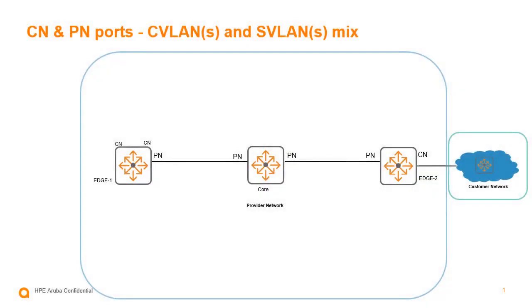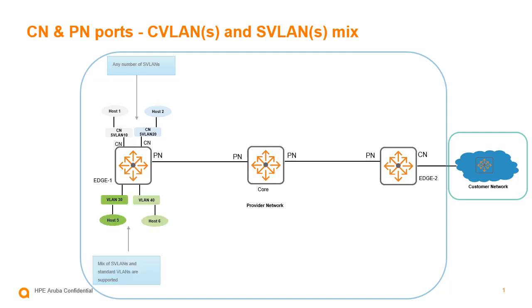So let's take a look at the CN and PN port mix. A number of SVLANs can be configured directly to hosts or to uplink customer switches, any number of those, and any number of SVLANs can be configured, all subject to the VLAN availability, of course, on that particular switch. And you can have a mix of SVLANs and standard VLANs. They are supported on the same switch.